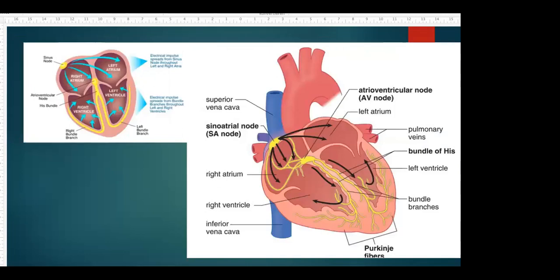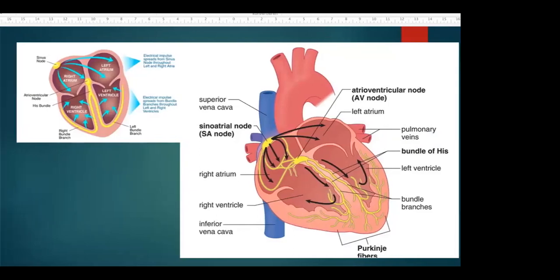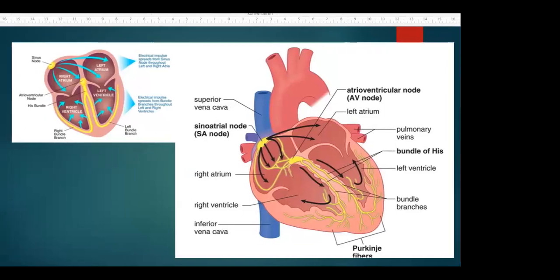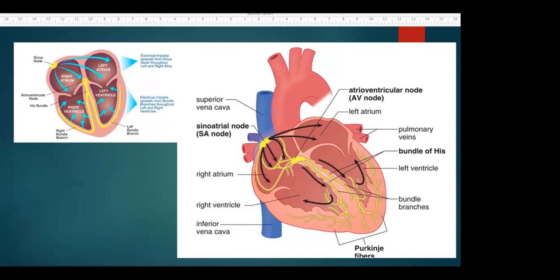So what other measure could you take immediately? Anyone? Apart from adrenaline or atropine, when it comes to second degree?